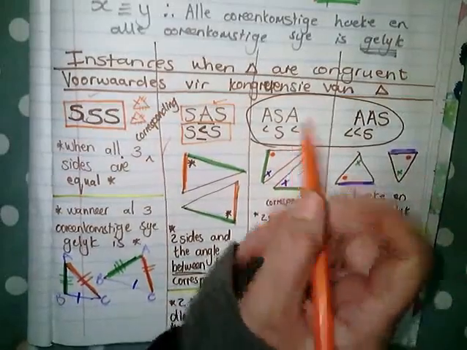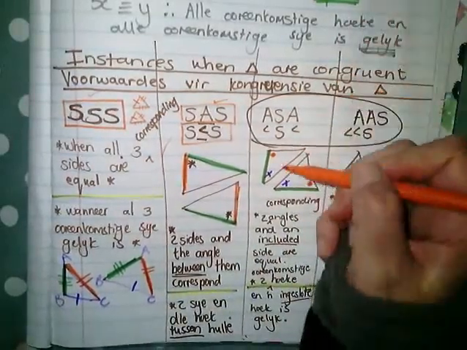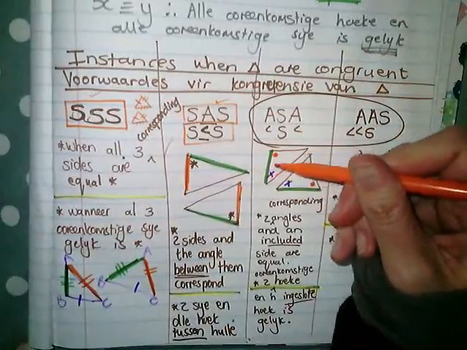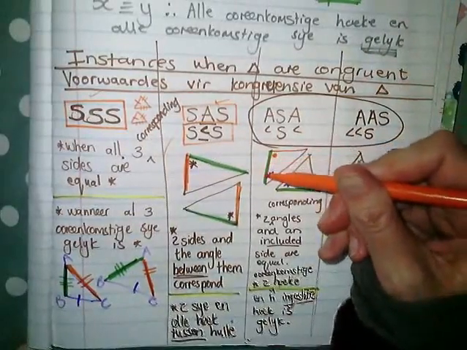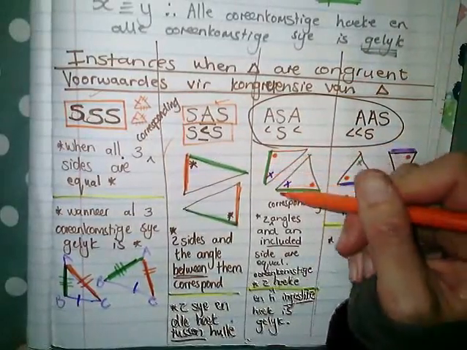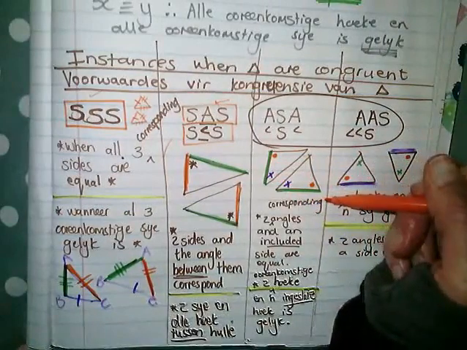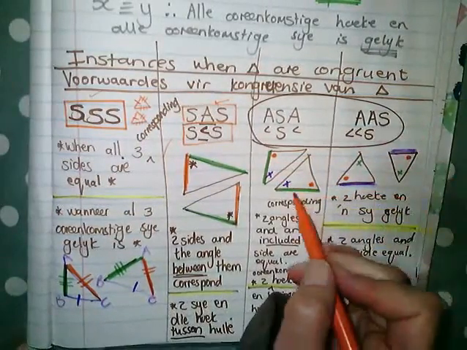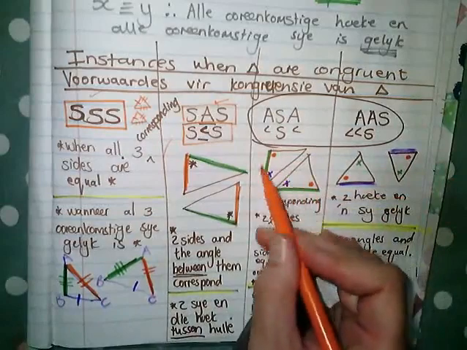So in this instance, you have those 2 angles and the line between them. Those 2 angles and the line between them that are equal. Okay, and then that would make them congruent.